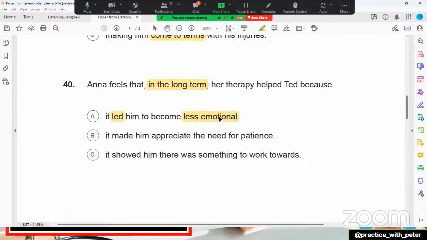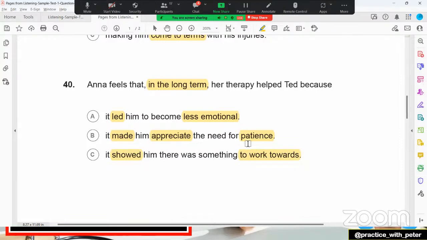That means earlier he was highly emotional, feeling upset. It made him appreciate the need for patience. It showed him there was something to work towards. So goal-oriented work.